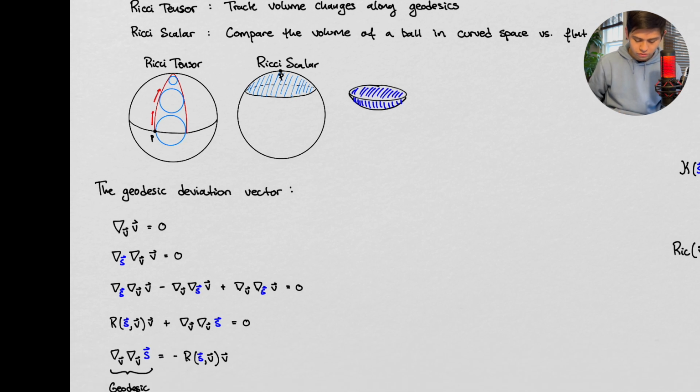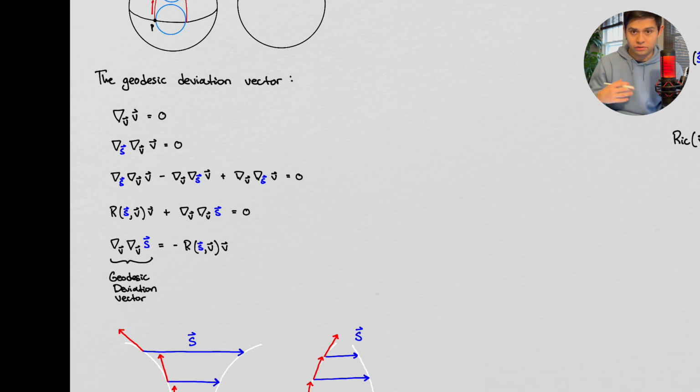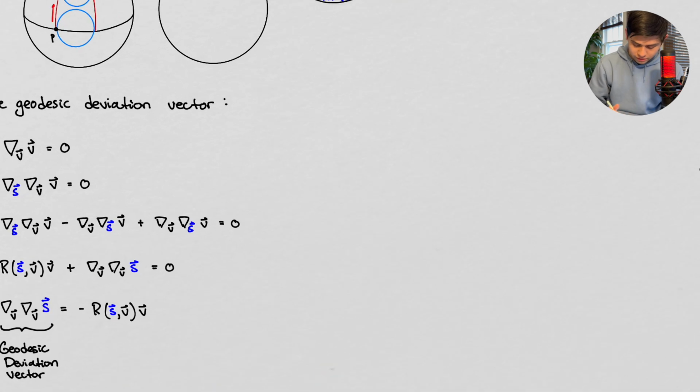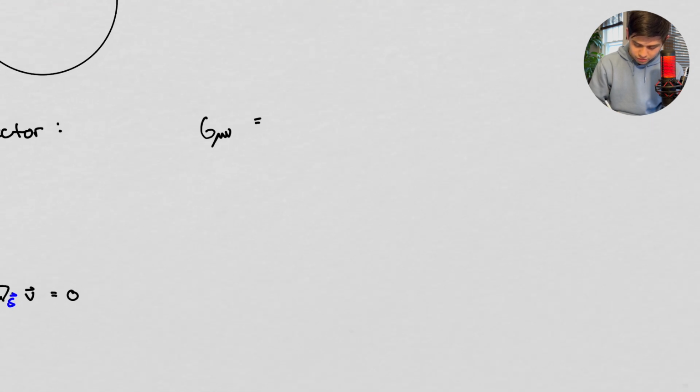In this video, we're going to go over the Ricci tensor first, and then we're going to go into the Ricci scalar, and then we're going to see how this all ties in with the Einstein tensor, right? So the Einstein tensor, G mu nu, that's going to be made up, we'll find, of the Ricci tensor, right? This is the tensor.